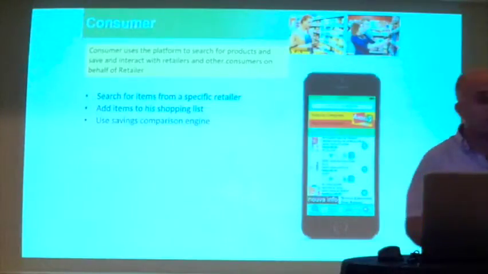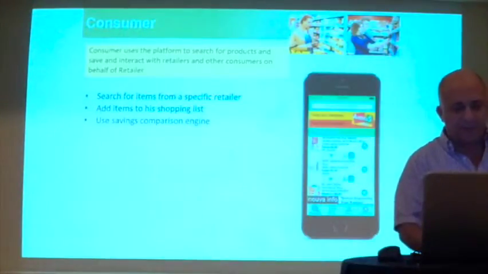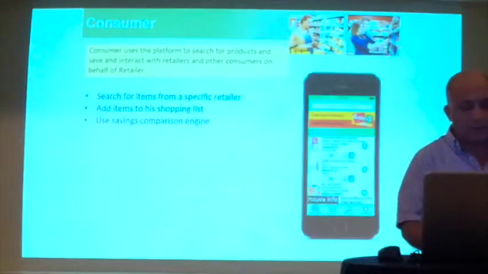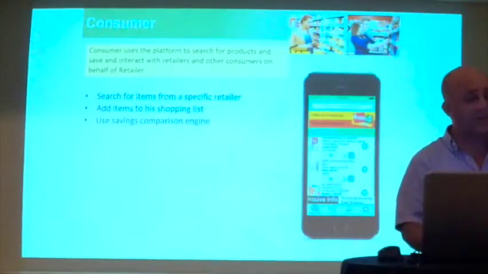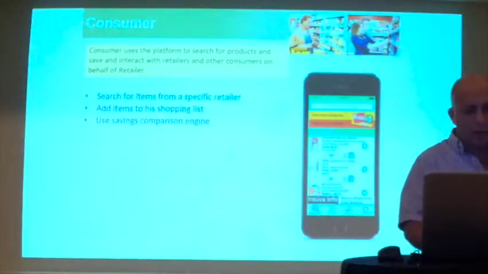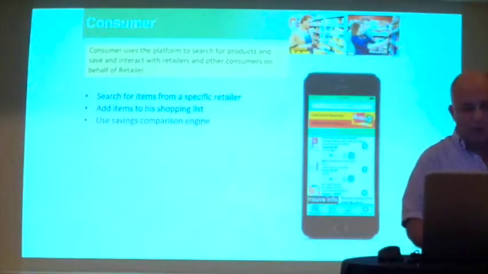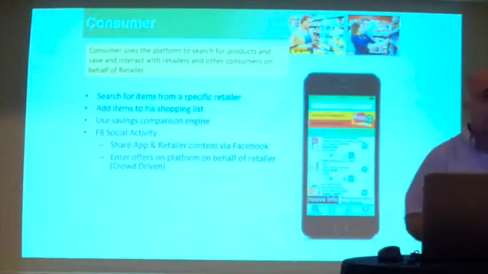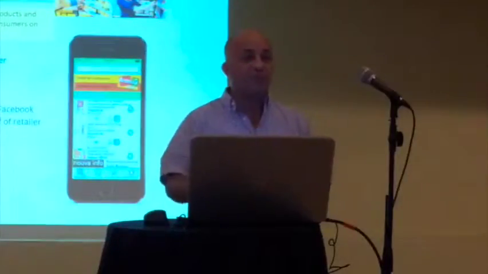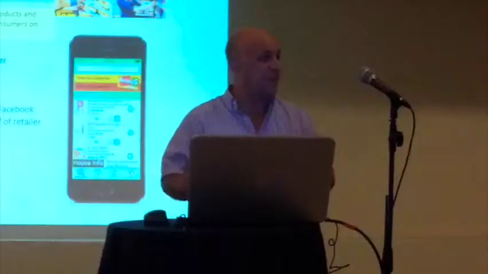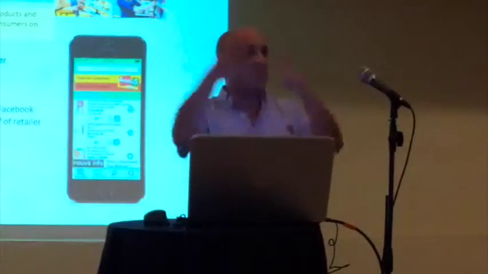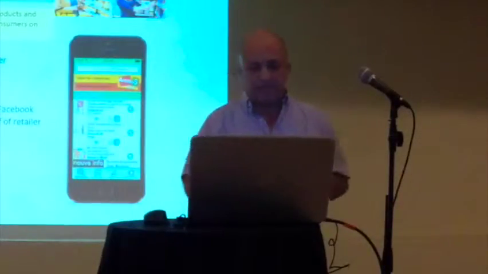The consumer can search for items from a specific retailer, add those items to his shopping list, and use a savings comparison engine that tells him, hey, listen, this is where you should be buying this and this and that. The consumer is also encouraged to use the Facebook activity engine so that he creates value for the retailer.